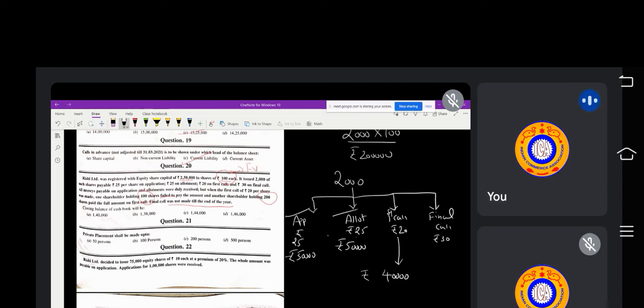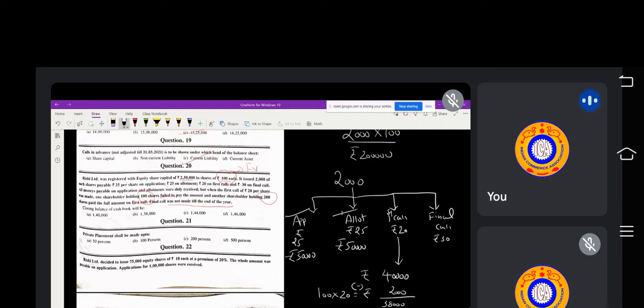But it is mentioned in the question that one shareholder holding 100 shares did not pay the amount on first call. So on 100 shares you would not have received the amount of rupees 20. That means you have to deduct 2,000 rupees from the receivable amount of 40,000. So that will give you only an amount of rupees 38,000.